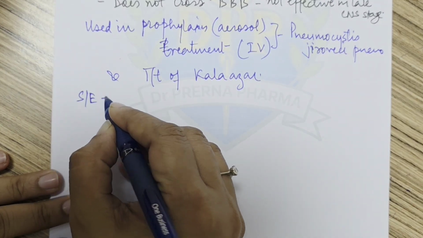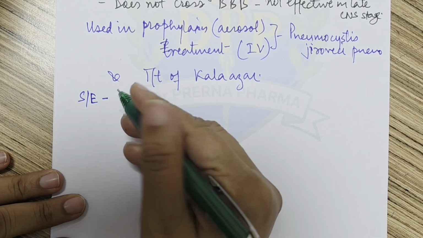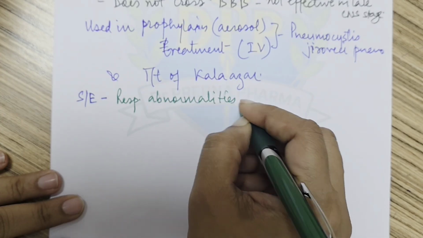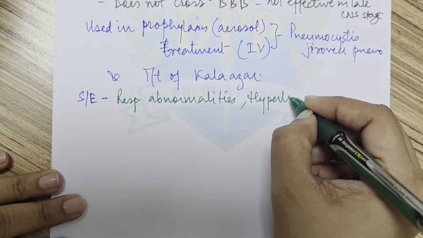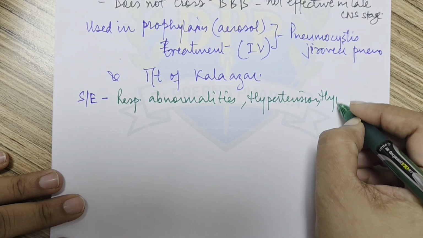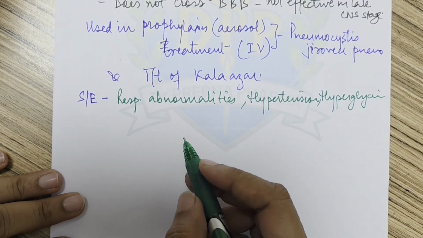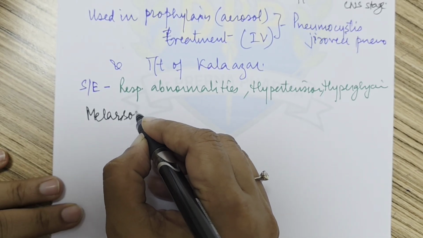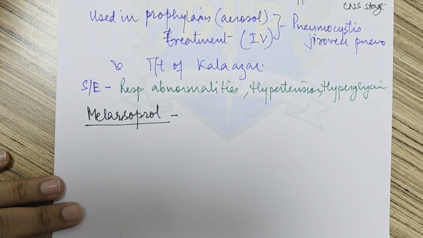There are some side effects. What are the side effects? It can result in respiratory abnormalities, hypertension, hyperglycemia. Right? The next drug in this category that we have is melarsoprol. Now, what is melarsoprol?